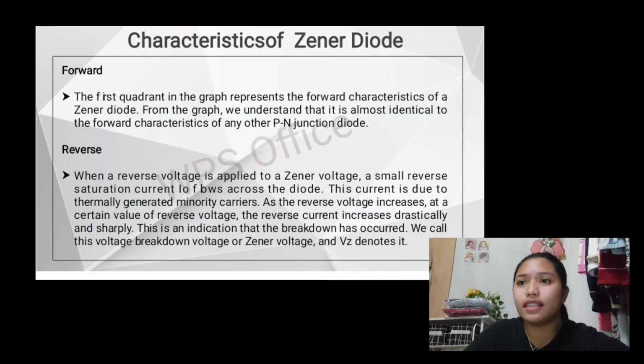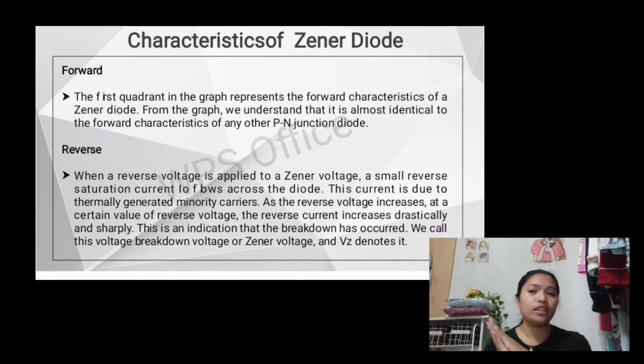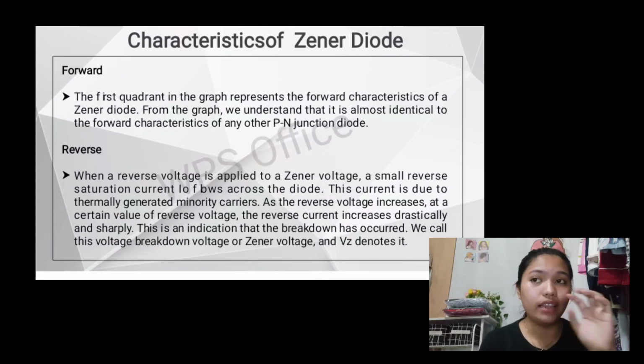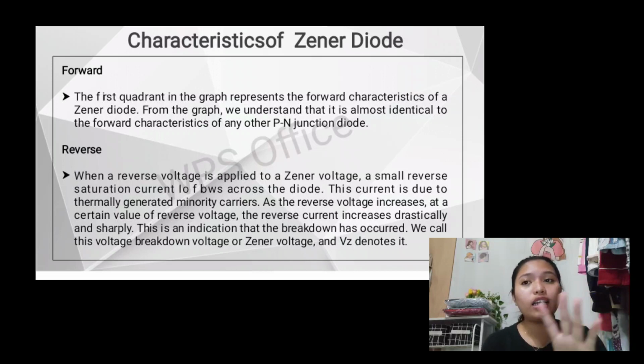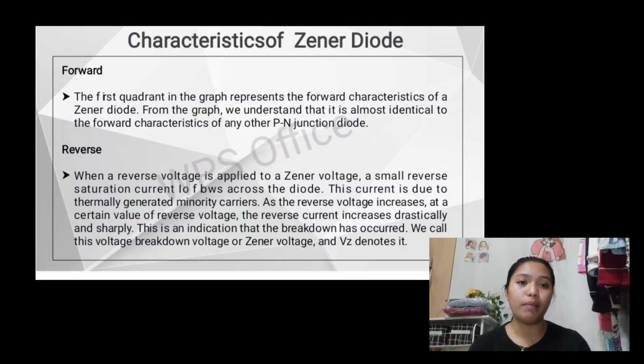In forward bias, the voltage at the anode is higher than the voltage at the cathode. The current flows from the P-type, the anode, to the N-type, the cathode, in the forward direction, allowing current to flow through both the P-type and N-type.